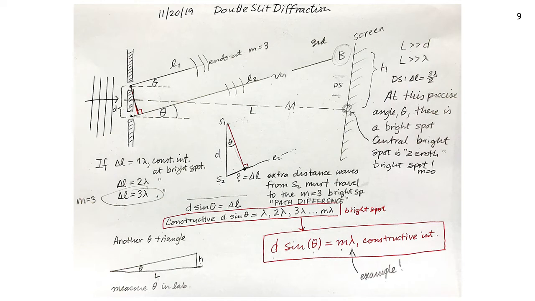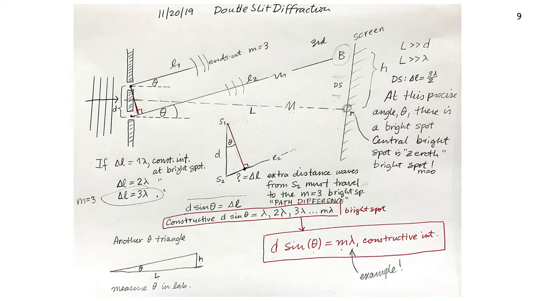If delta L is 1 lambda, then you have constructive interference at the bright spot. And then ditto for 2 lambda, and ditto for 3 lambda, and ditto on down, as many bright spots as you see. Now, if delta L is half a wavelength, you get destructive interference out here.